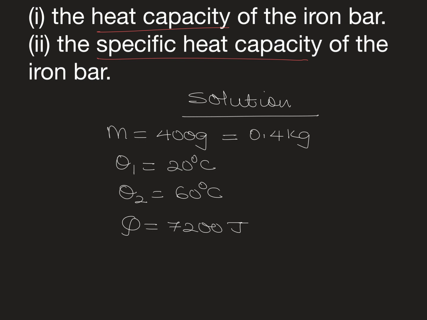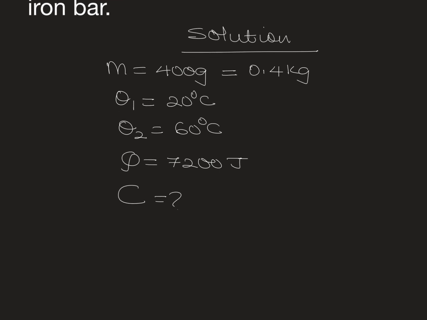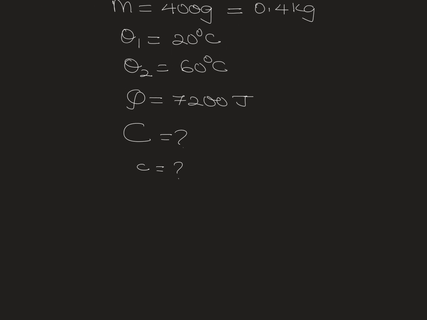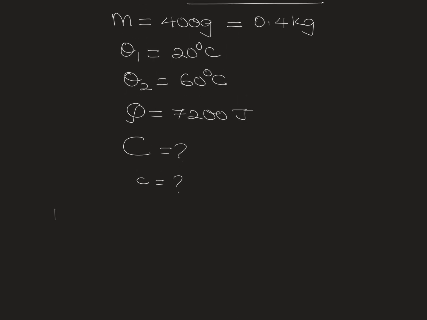So we want to find the heat capacity and the specific heat capacity. Now, for the first one, we can use the formula: the quantity of heat is equal to the heat capacity multiplied by delta theta, that is the change in temperature.